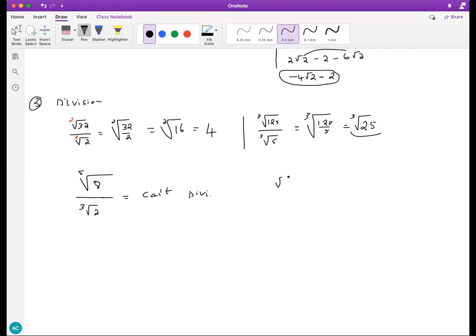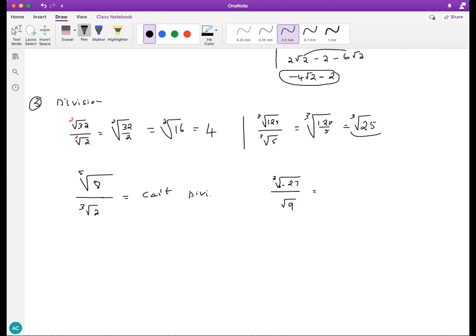What if you have, say, negative 27? Can we divide these radicals right away? No. That's right, because the index is not the same. We have 3, we have 2. But doesn't mean we can't simplify at all.